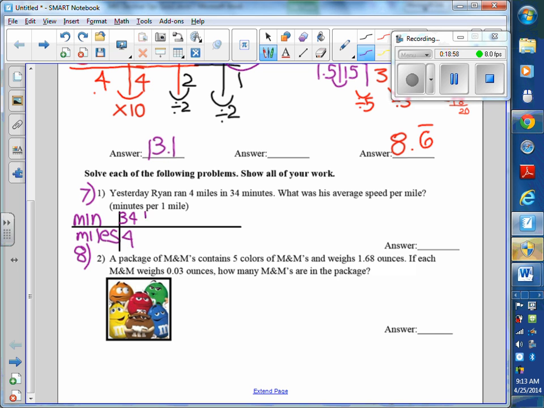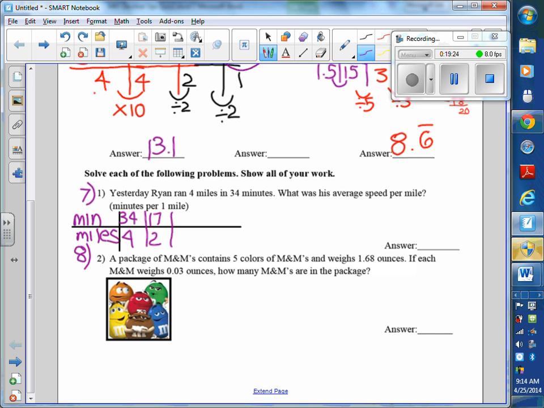So that's the same as 2 miles in how many minutes? What's half of 30? What's half of 2? Oh, half of 4, I mean. Yeah. So 15 plus 2 is 17.